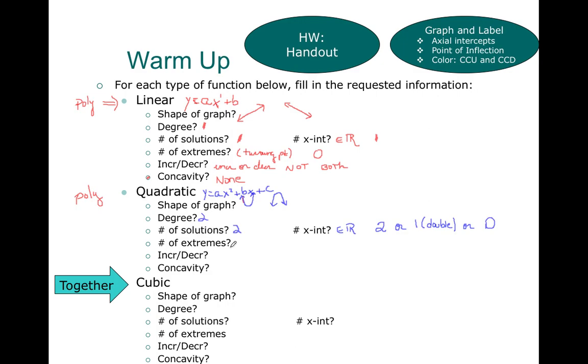A turning point, a max or a min? Every quadratic has 1 max or 1 min. And what further can you say? Since there's only 1, it is the absolute max or min.